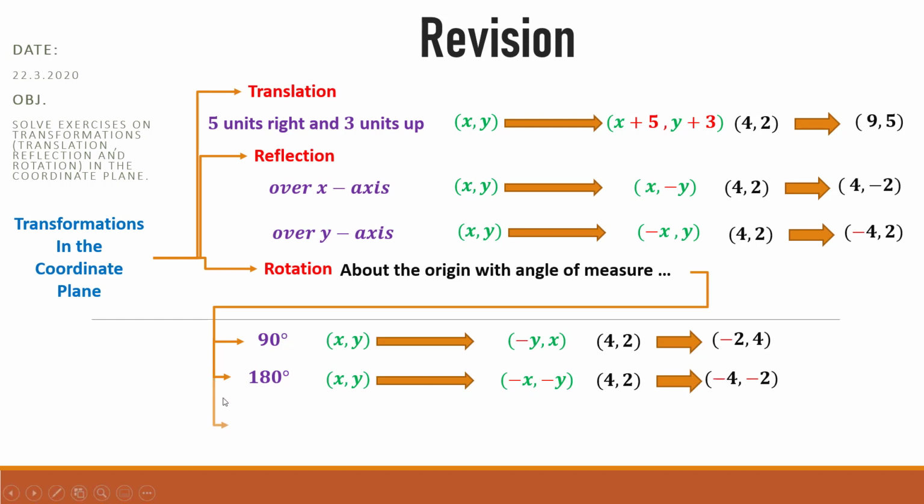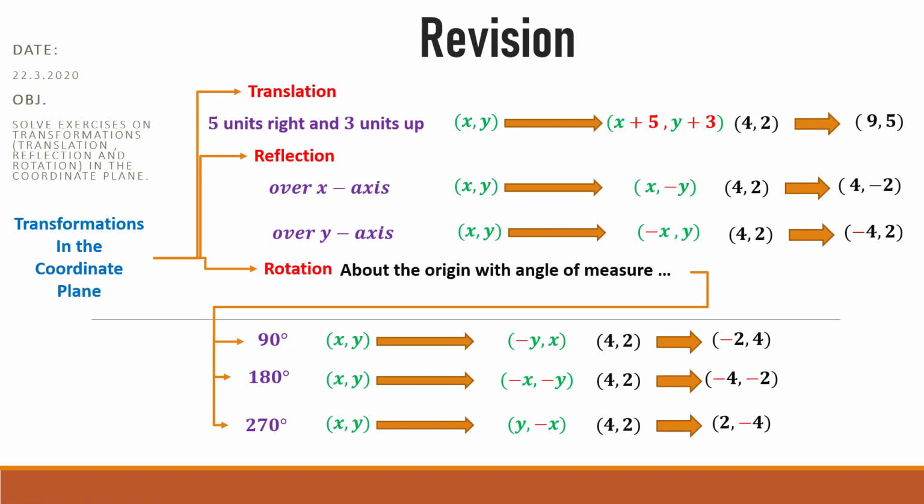And rotation about the origin with angle of measure 270 degrees: change places and opposite the second in the image. So if we have 4 and 2, change places, it will be 2 and 4. After that, 4 is the second. So opposite the sign of 4, it will be -4.